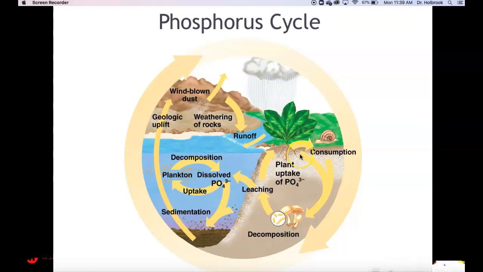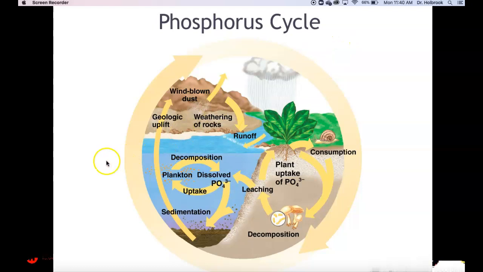So really what it says, when phosphorus reservoirs are local, that means they're not floating around the atmosphere. It's part of rock, and then the rock gets weathered and it runs off, gets taken up by aquatic organisms, gets eaten by other organisms and then returned back to the ground through waste excretion, basically.